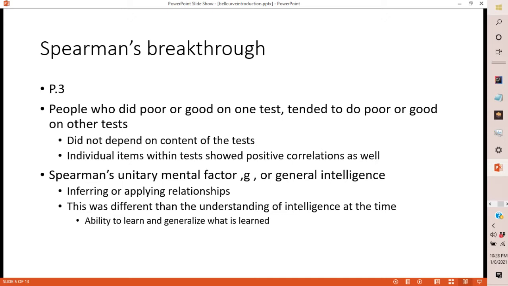You administer all these tests, and the same people are having similar results from test to test. And Spearman had thought of this unitary mental factor that was kind of governing all this, G, or general intelligence.